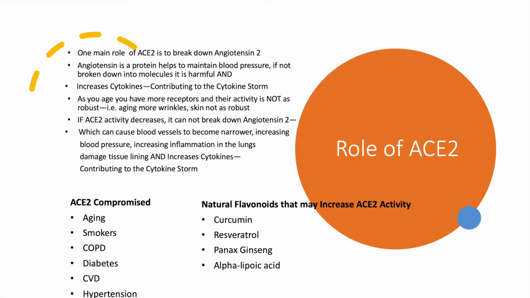Some ACE2 predisposed conditions are aging, smokers, COPD, diabetes, cardiovascular disease, hypertension. And then again, some natural flavonoids that may increase ACE2 activity: curcumin, resveratrol, panax ginseng, alpha lipoic acid.